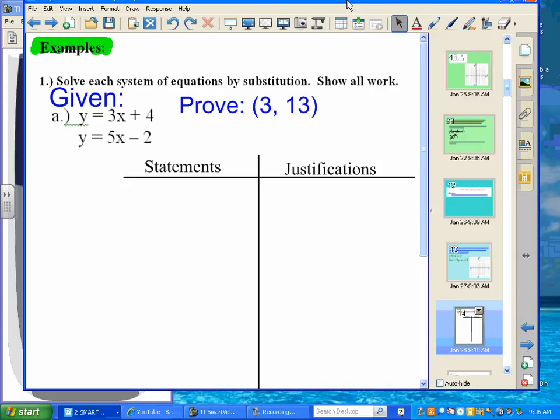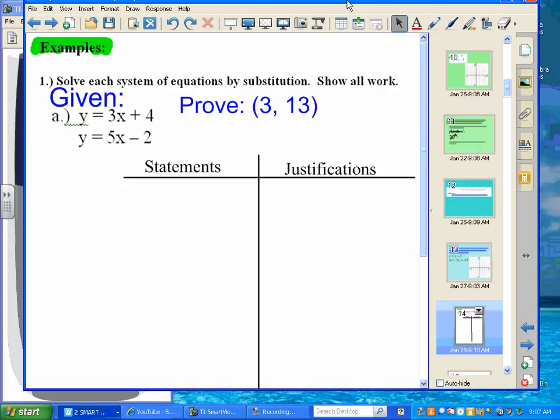So remember, if the equations are in y equals form, it's much easier to use graphing. For substitution, if one of them is maybe in x equals form or one of them is in y equals form, then use substitution. Substitution is another method to solving systems.